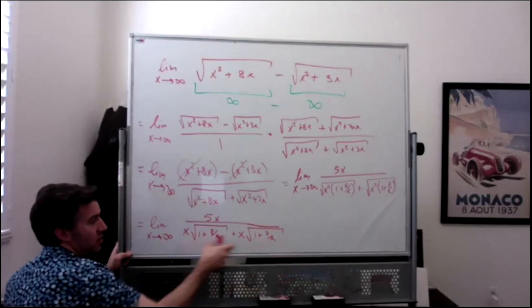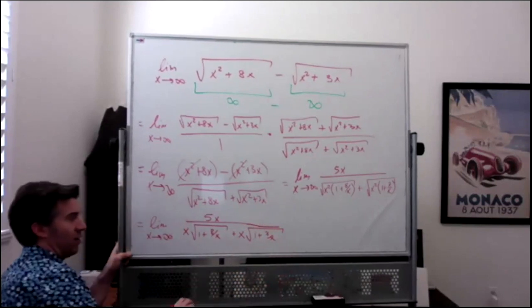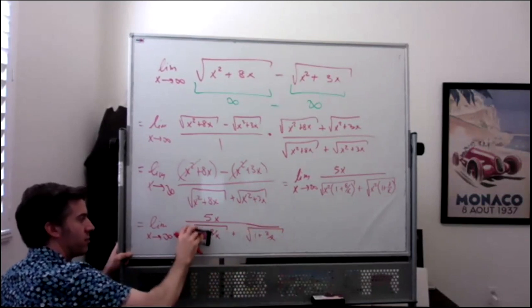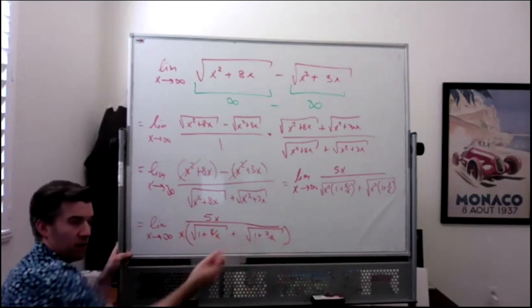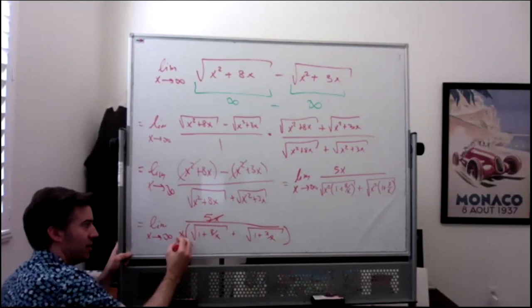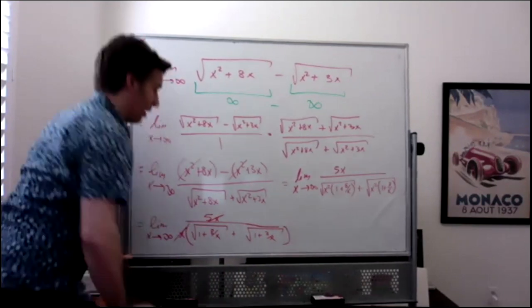From these two terms, I'm going to factor out an x. So I'm going to rewrite the denominator as x times all that. And then I can cancel the x on the top with the x I just factored out.